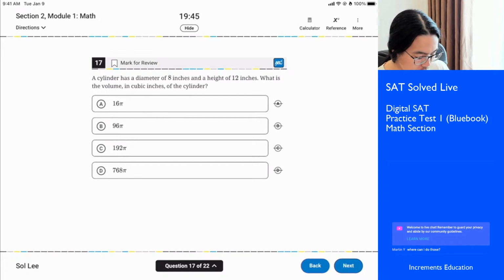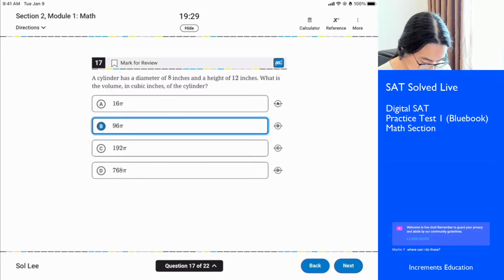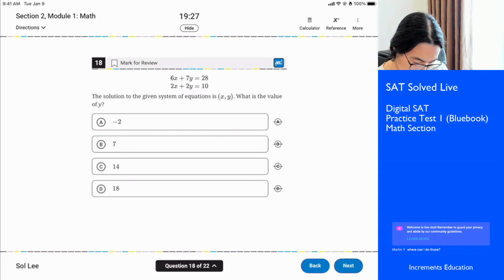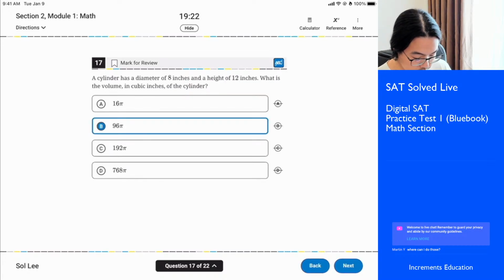A cylinder has a diameter of 8 inches and height of 12 inches. What is the volume? So 2 pi r, 2 pi is 8. 8 pi times 12. Oh, did I just do circumference? I just did circumference.